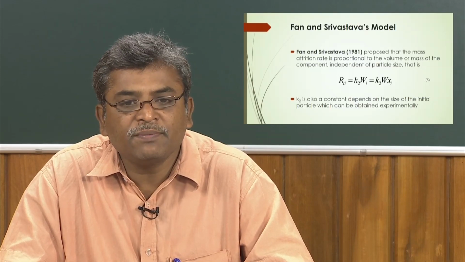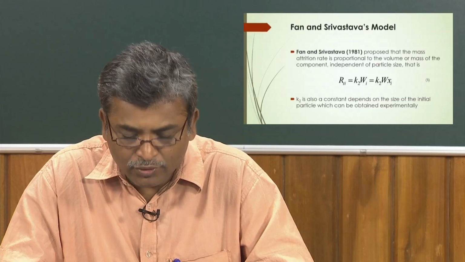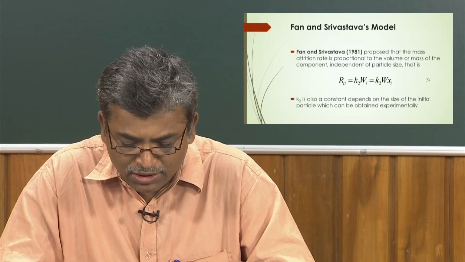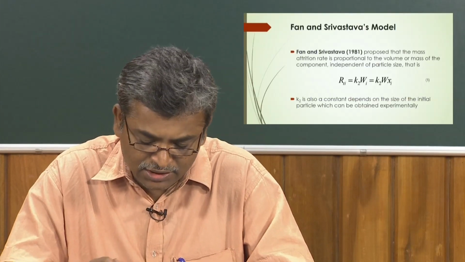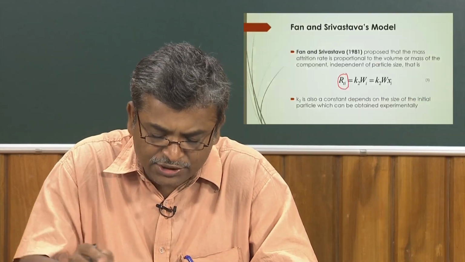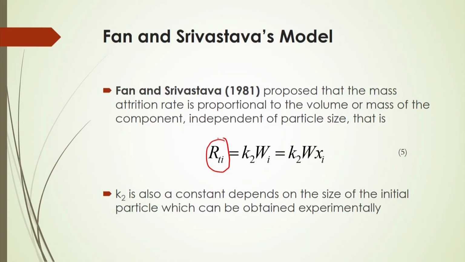So, as per this Fan and Srivastava's model, if we are not considering the particle size, then simply R T I, that is the attrition rate for that particular size of particles, will be proportional to W I. W I means the volume or mass component of that class I, and you can modify this model there.